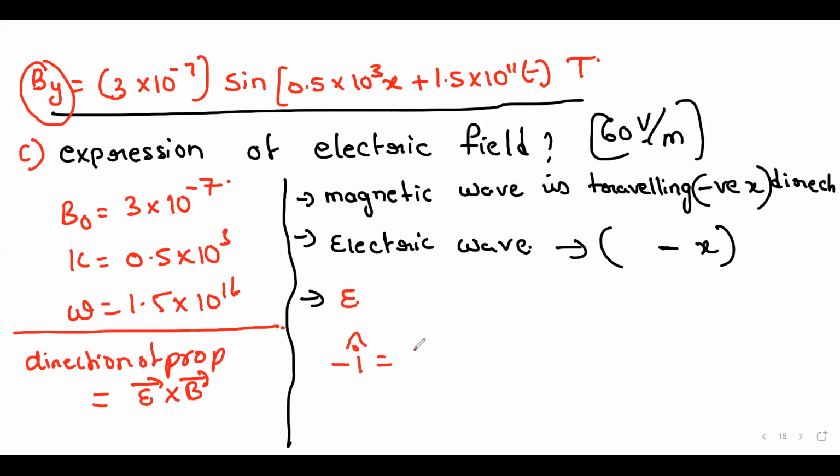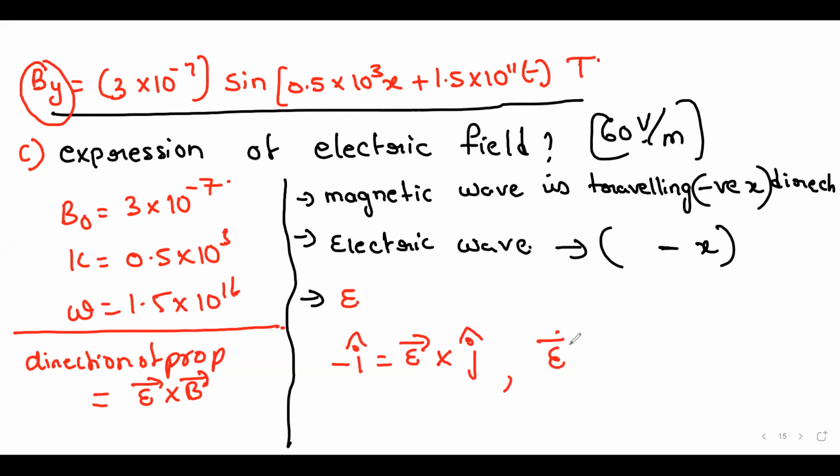So we don't know the electric field direction, right? What is the magnetic field direction? J cap. So what is the electric field direction here? So that we get minus i here. Minus i by k cap. Yeah, sorry, it's k.